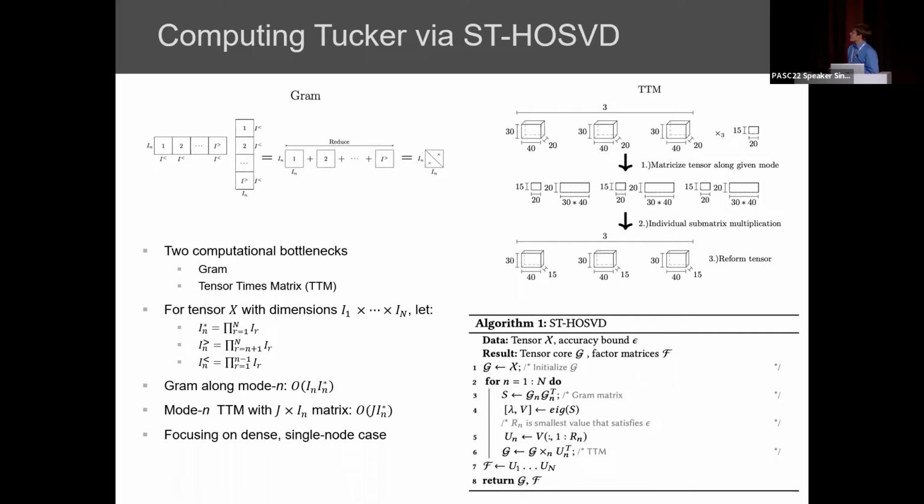Up here we have a quick example of the TTM just to provide some intuition for how it works. Here we have a 30 by 40 by 20 by 3 tensor, and we're going to multiply along the third dimension by a 15 by 20 matrix.